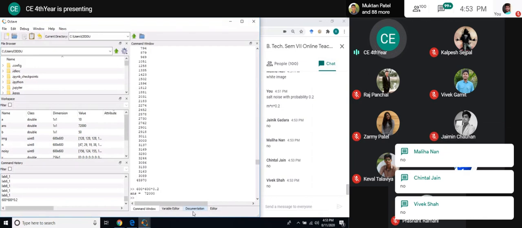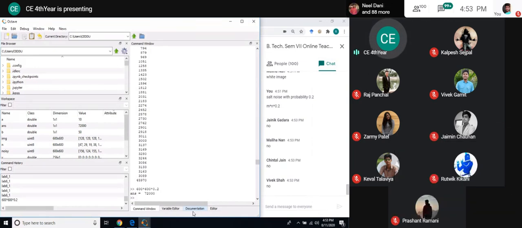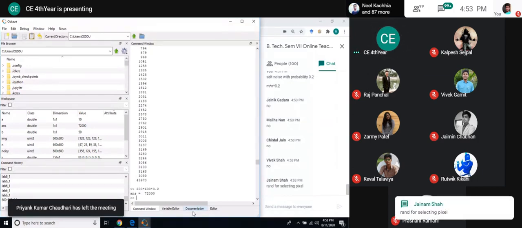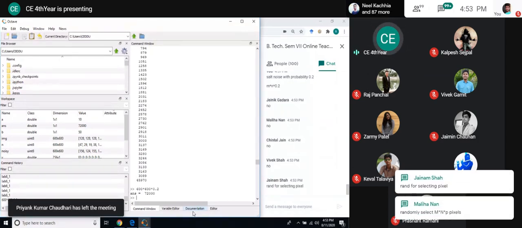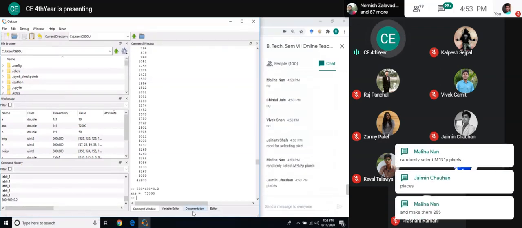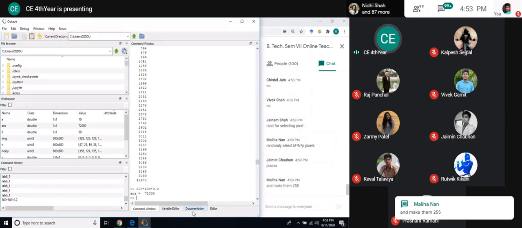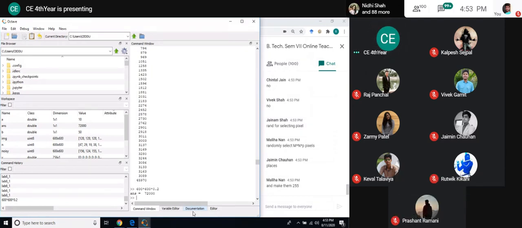Randomness is not in my number. I know that 72,000 pixels are going to be 255. The values are fixed. What is random here? The random part is selecting the pixels. Yes, you have to randomly select m cross n cross p pixels and then make them 255. Totally right. So for that, what is your idea?